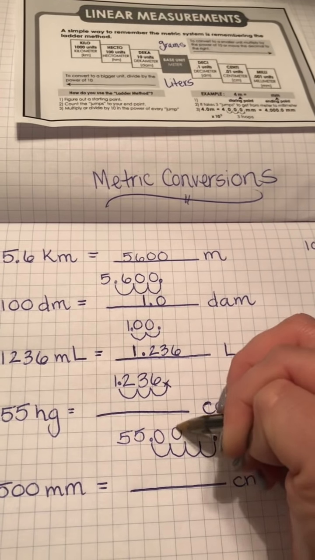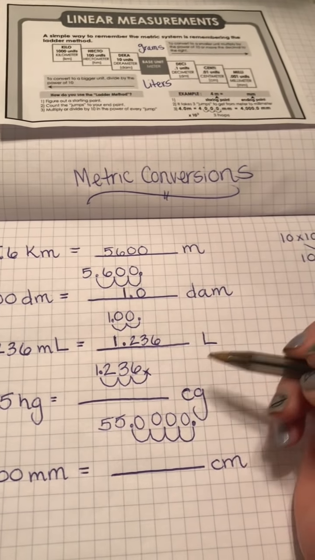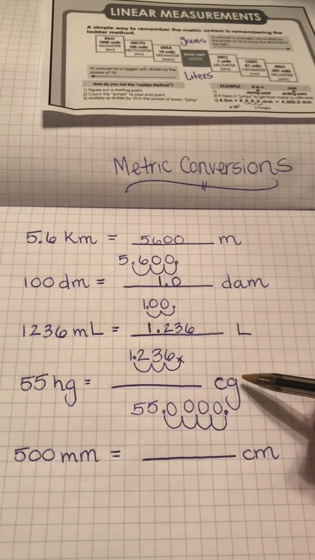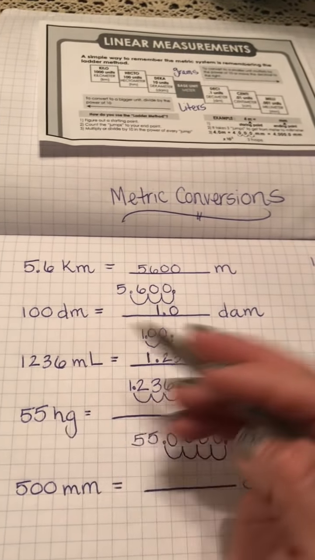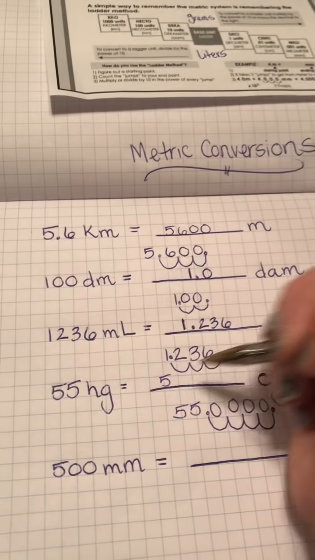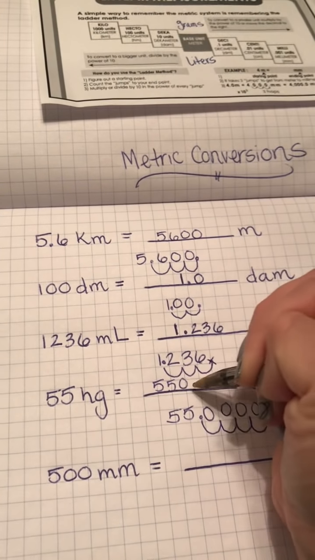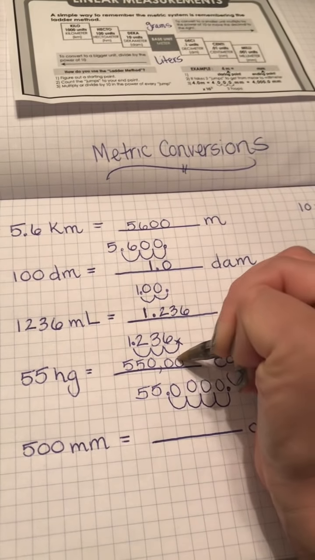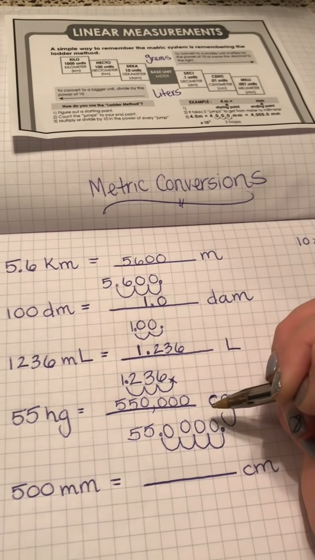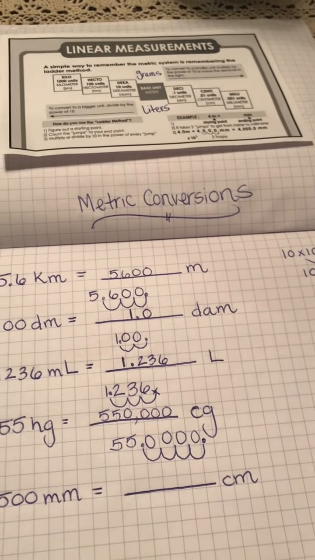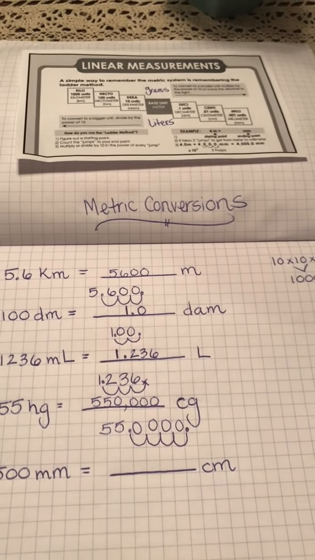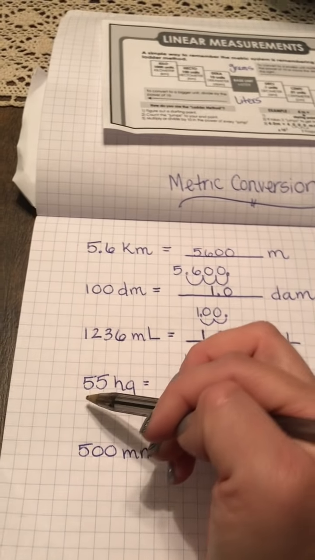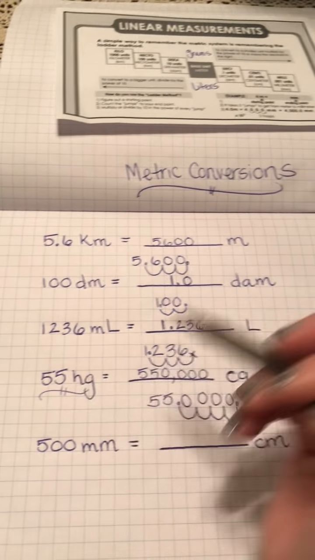Filling in with zeros. Wow, how many centigrams do I need that will equal 55 hectograms? Well, it looks like 550,000 centigrams. Wow. So obviously in this sense, we probably wouldn't measure with those grams. We would keep it to the hectograms.